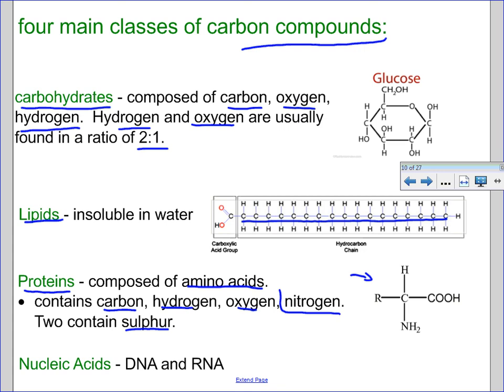Two of those amino acids will contain sulfur, but every amino acid will contain carbon, hydrogen, oxygen, and nitrogen. Nucleic acids, which will be classified as DNA and RNA, will contain carbon, hydrogen, oxygen, nitrogen, but will also contain the atom phosphorus as well, and will not contain sulfur.